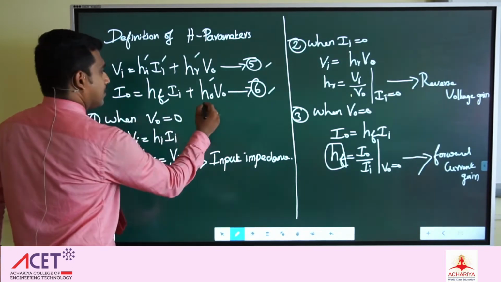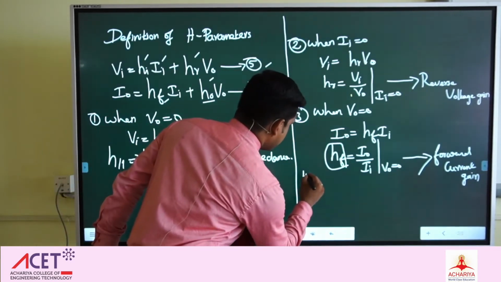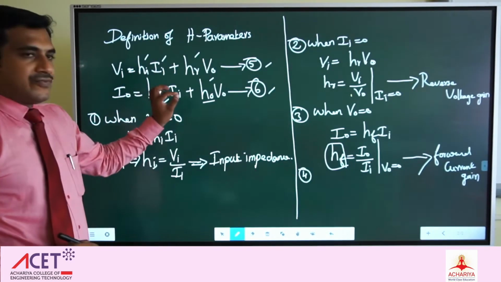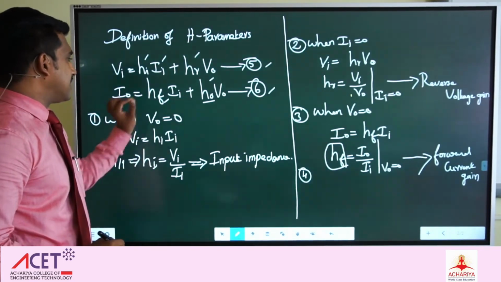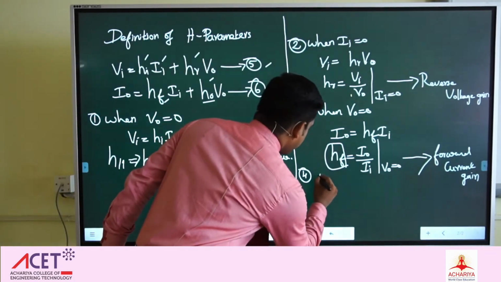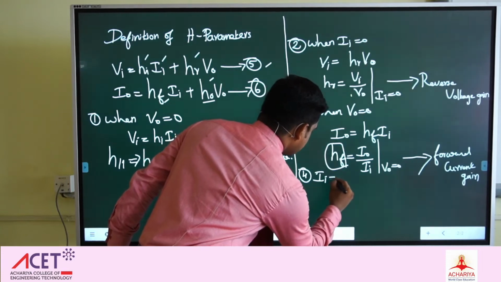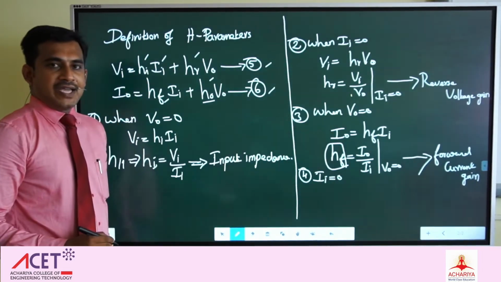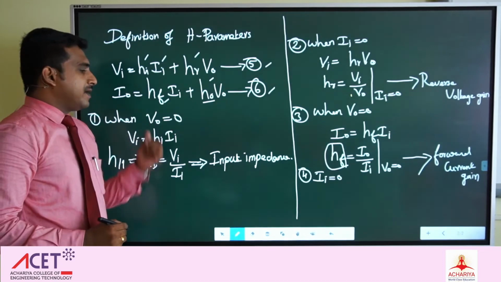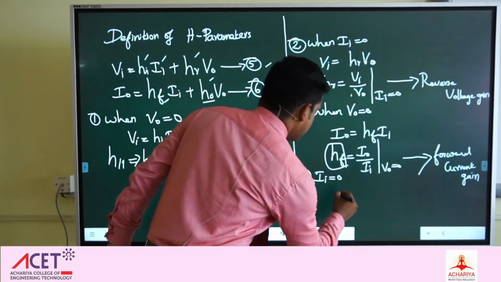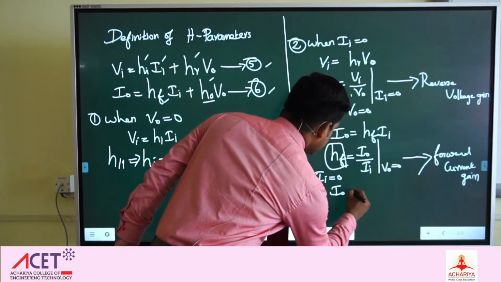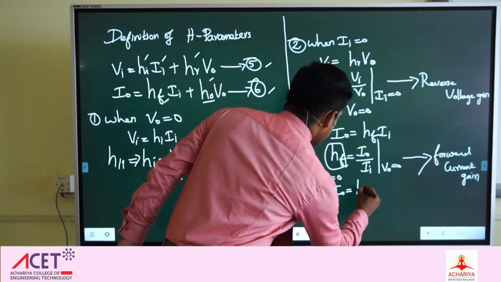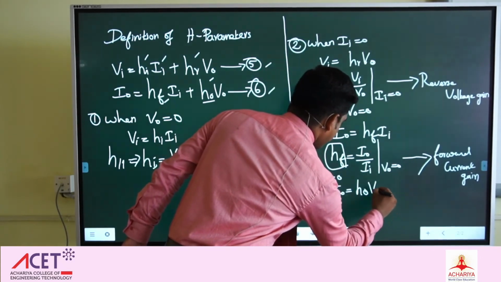Now going for the fourth parameter. For finding the fourth parameter, let us consider input current is equal to 0. How can we make input current equal to 0? By opening the input circuit, the equation becomes I0 is equal to Ho into V0.